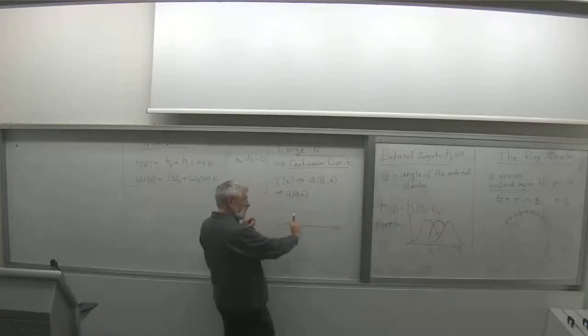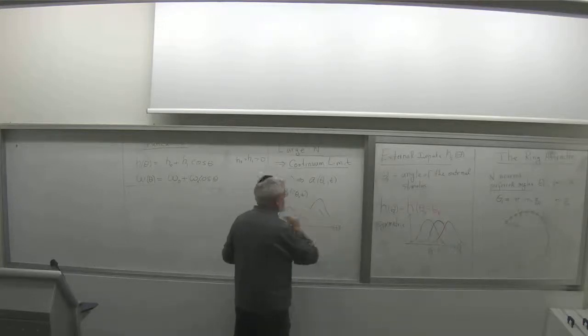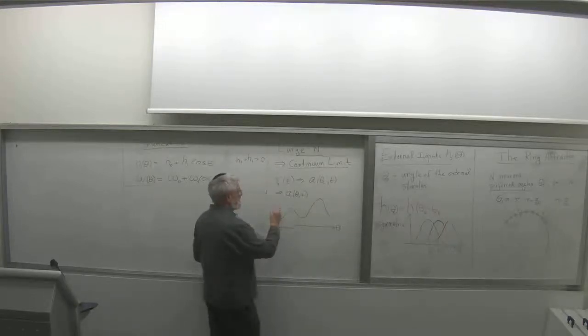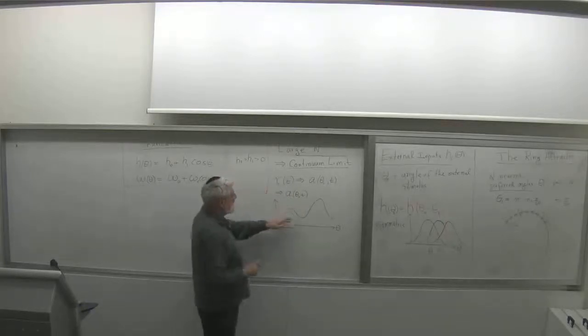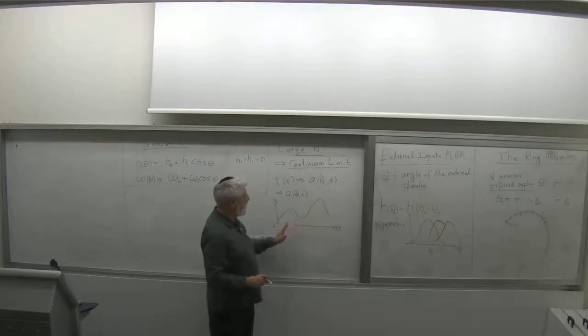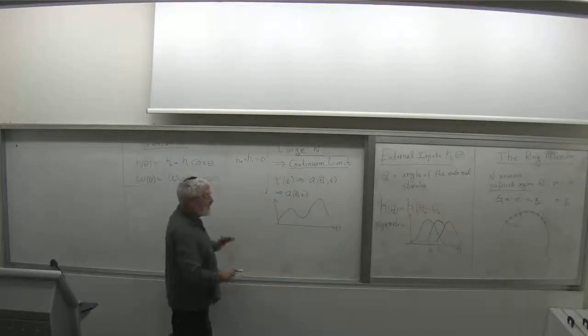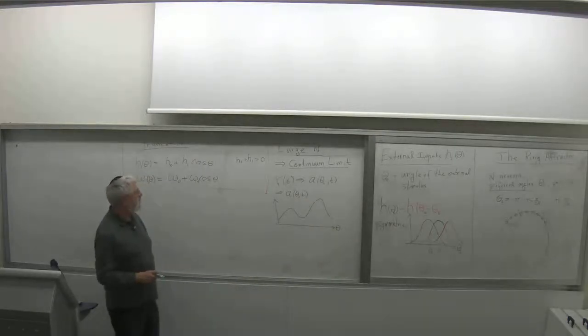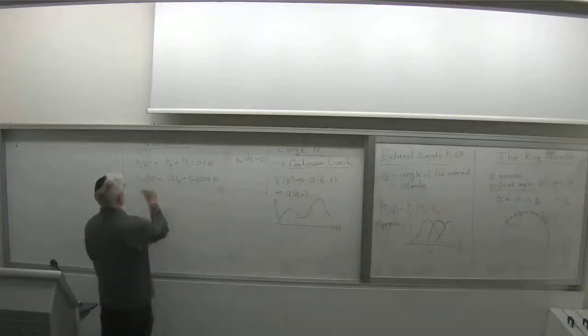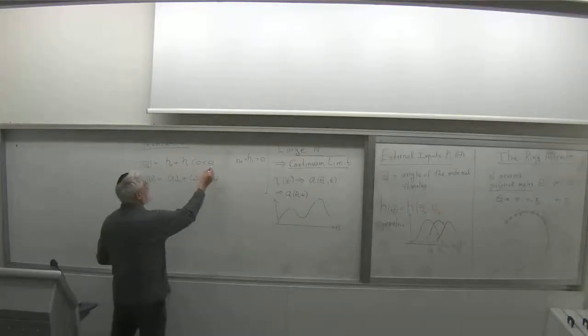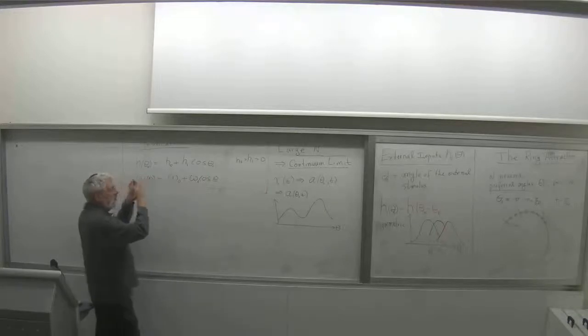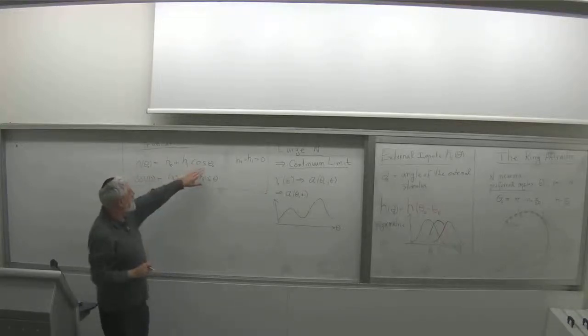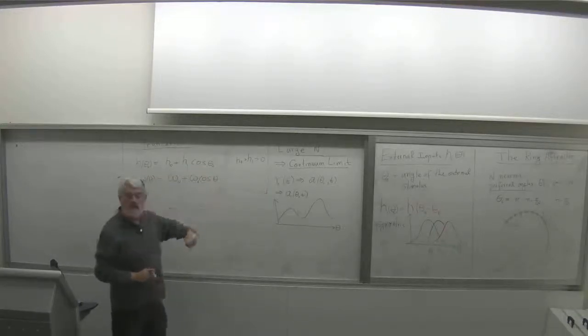This is the columnar coordinate, let's say in visual cortex, and I have some profile. So this is now A of theta and t, at any given time the profile of firing rate along the coordinate theta. So now we make sure we understand what is the external variable and what is the internal variable.